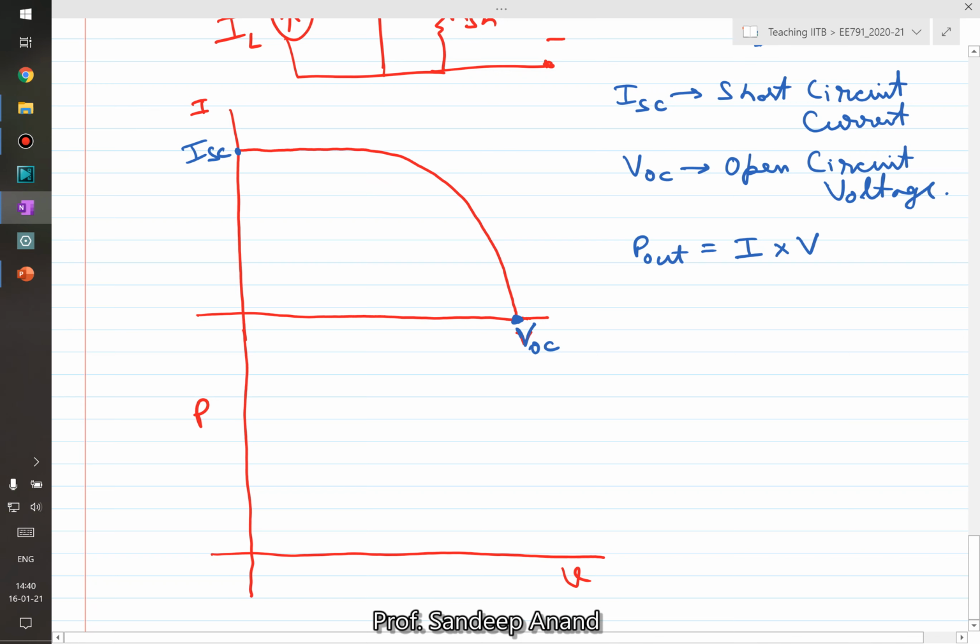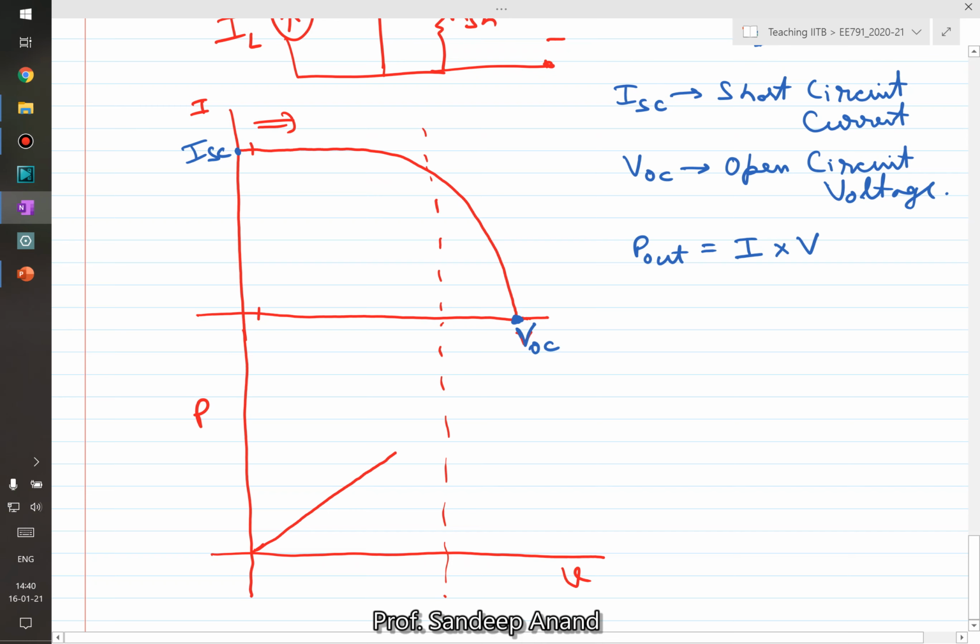So for example, if I take this first point, the voltage is very small, although the current is substantial, so the power is small. As I'm moving towards the right-hand direction, my current is more or less the same. You can see the current is more or less flat, the voltage is increasing, so the power will continue to rise.